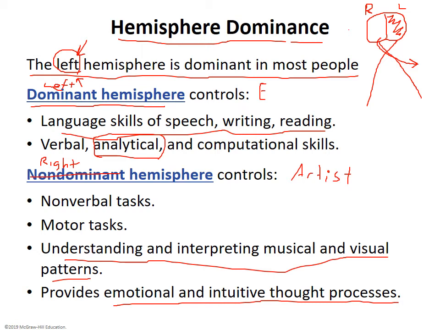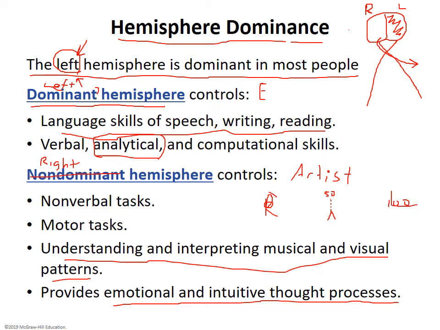Look, here's the deal. If I had a scale of 0 to 100%, there is a balance point right at 50. Most of us are going to have the left hemisphere as our dominant hemisphere, but only by a little bit. Let me put it this way, right and left here.